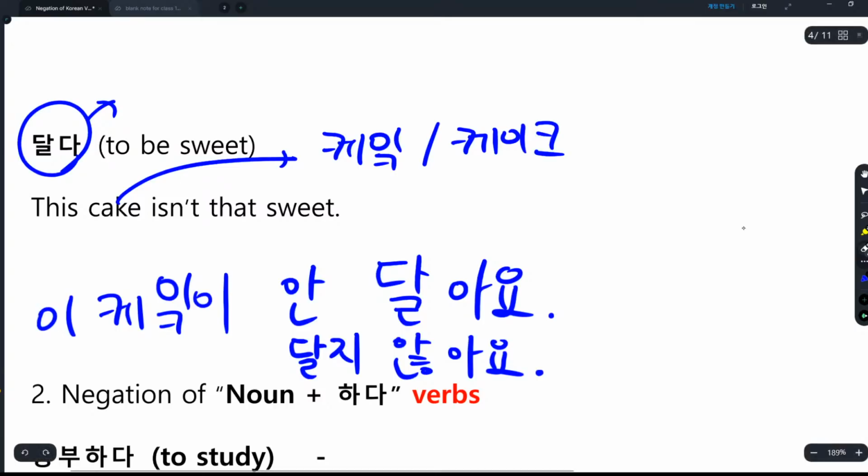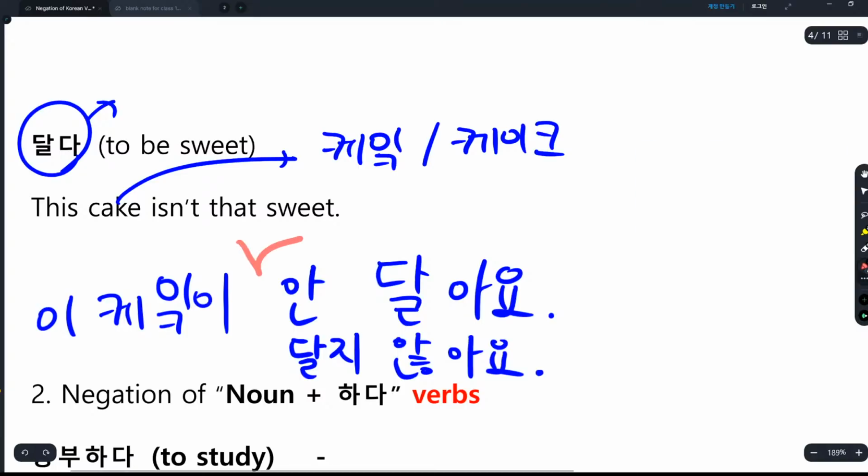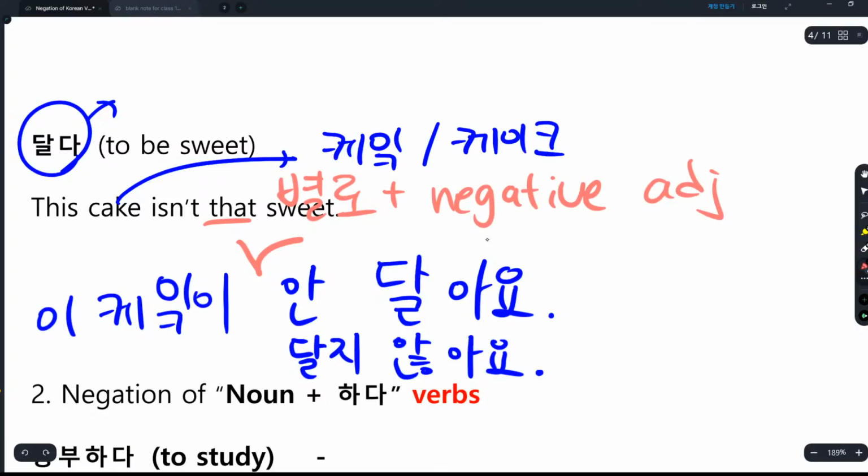In that case, you can use this adverb. 이 케이크 별로 plus negative verb means it's not that adjective. So you can say 이 케이크 별로 안 달아요. Sorry, let me drink some water.